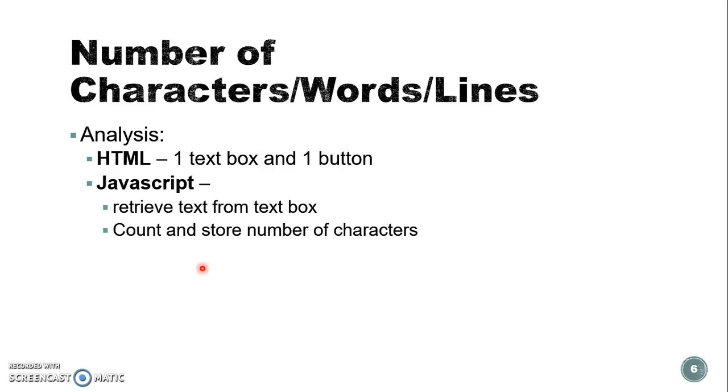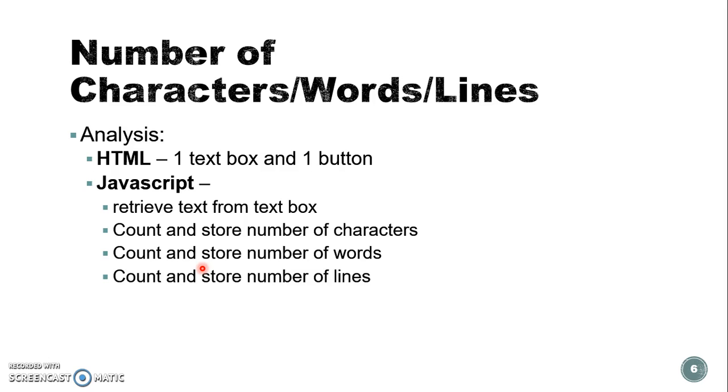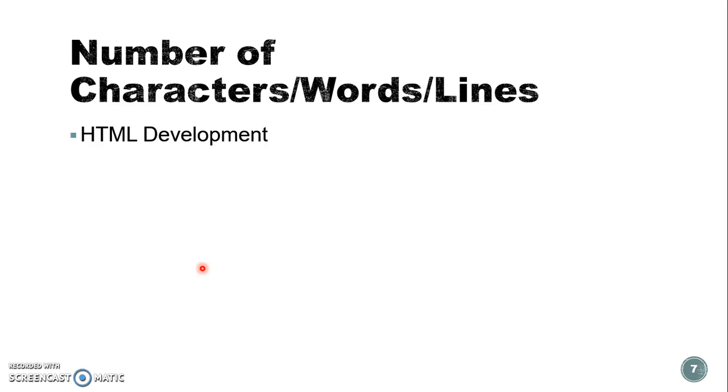We have to count and store the number of characters that we have received from the text box, and then we have to count and store the number of words that are there in the text, and then we have to count the number of lines and store them for further processing. And then we have to print all three values in an alert window.